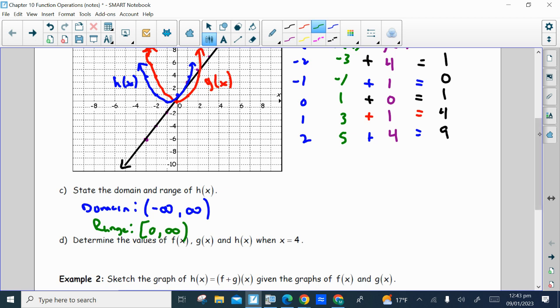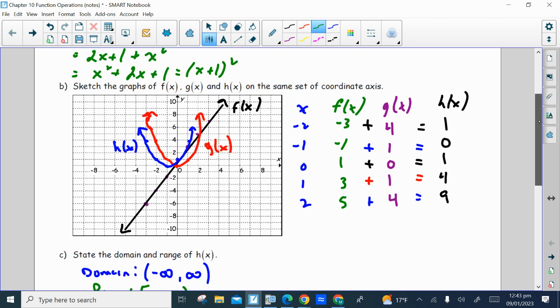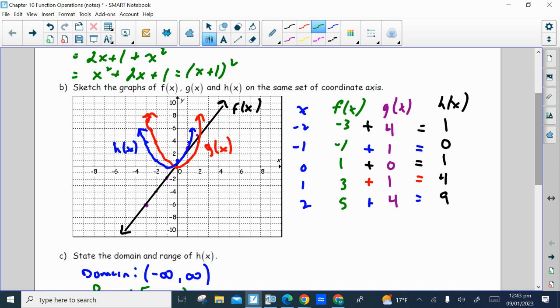Now, if you look at the domain and range of f and g, for f, there are no restrictions. For g, you did have a restriction on the range, and that was that y had to be greater than or equal to 0, right? And notice that the domain and range for h are connected to the domain and range of g.